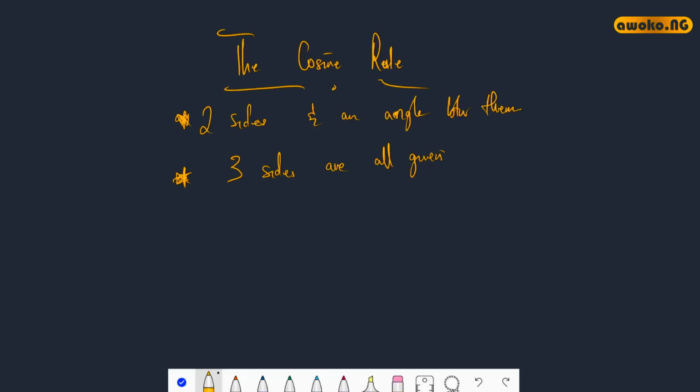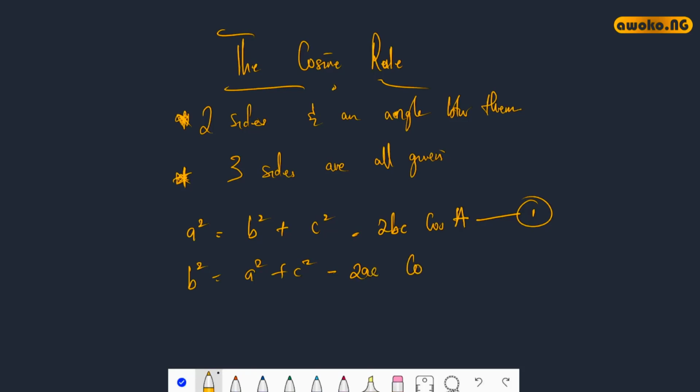Now, the cosine rule is stated as follows: a squared equals b squared plus c squared minus 2bc cos A. Call this equation 1, and we can have b squared equals a squared plus c squared minus 2ac cos B. Call this equation 2.